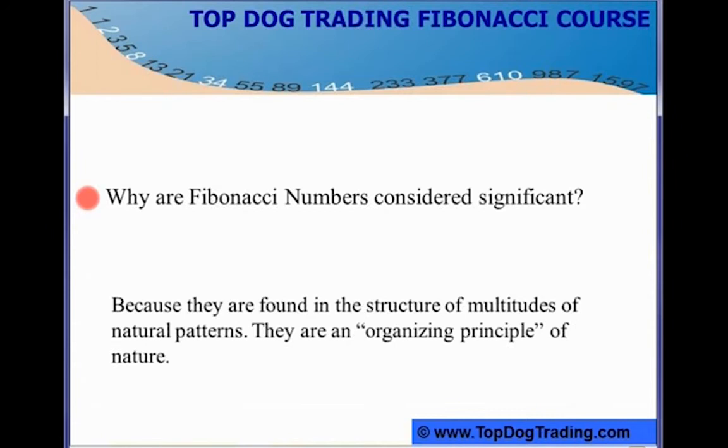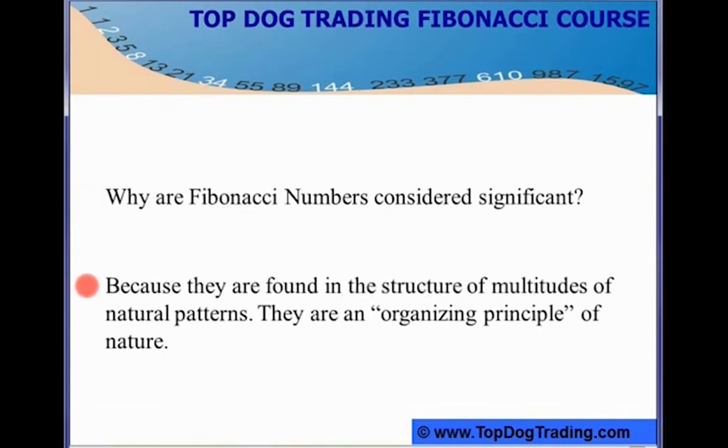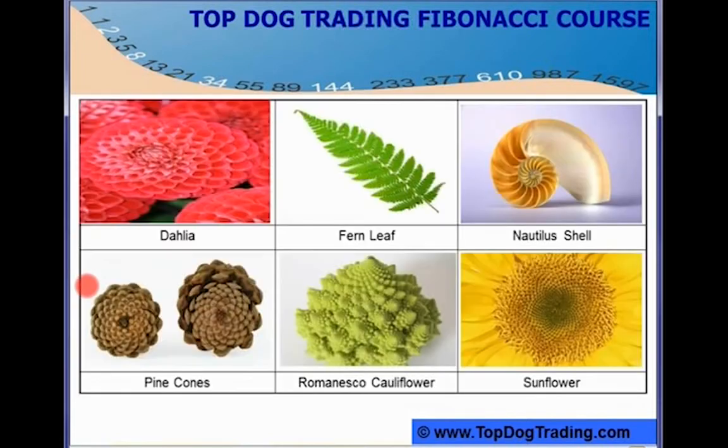Now, why are they significant? They're found significant because they weren't originated with trading. They were discovered as part of the structure of nature and an organizing principle of nature. As scientists and mathematicians studied the structure of nature and how things are patterned in nature, they started seeing ratios in the way that things grew.